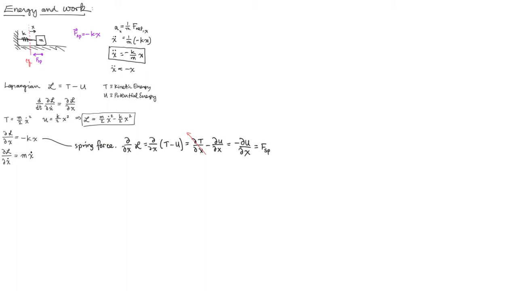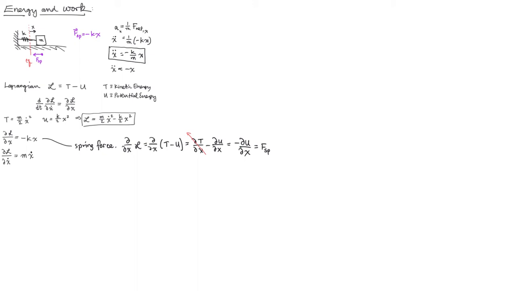And what we're going to see is, if a force is conservative, you can write down a potential associated with a force, and the gradient of that potential with a minus sign is equal to that force. So this is going to come up over and over, but this partial of the Lagrangian with respect to the position coordinate is the force, because it's the gradient of the associated potential.